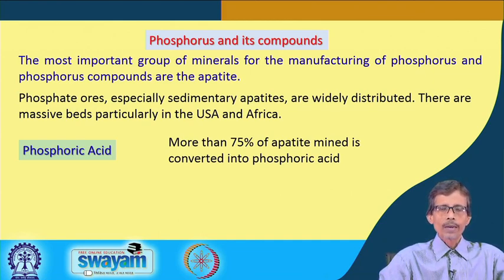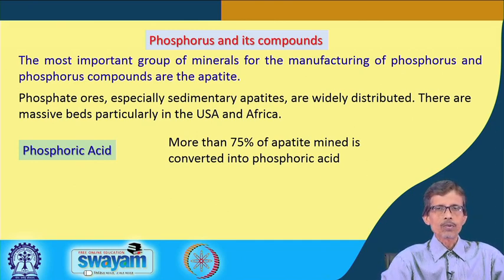So, how can we make that? More than 75% of the apatite that we mine is used directly for all other purposes. So, 75% of what we get from the mining industry will be converted into this particular useful form, that means phosphoric acid.